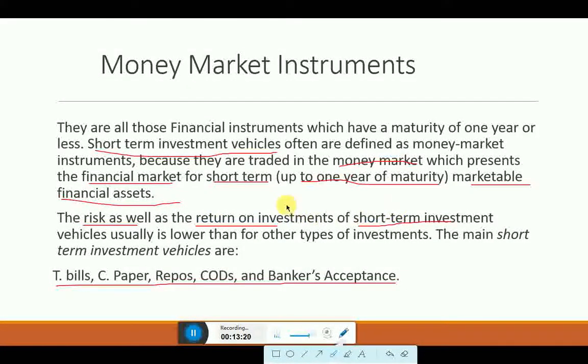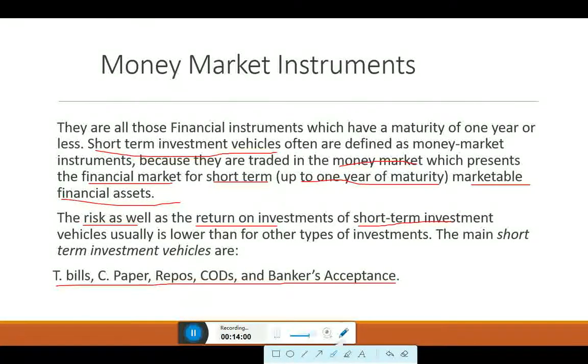If you look at them, on one side they are investment vehicles, but on the other side they are financing vehicles as well. From the perspective of the organization issuing these instruments, it's financing. From the perspective of the buyer or purchaser of these instruments, it's basically an investment, because when they purchase these, they are investing because they require a return, and the organizations who are willing to issue these instruments are also willing to pay an amount, and that amount is basically the cost of capital for them.